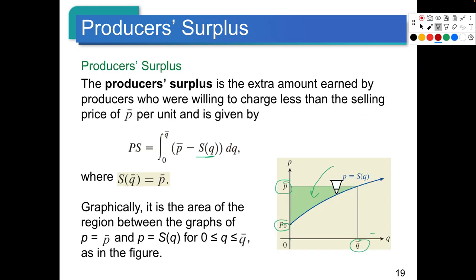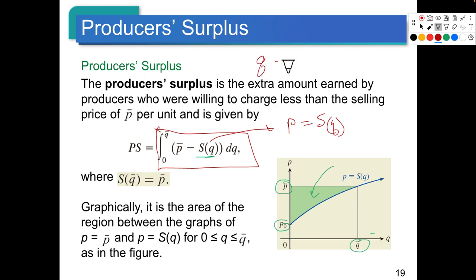Just look at this. This is a function where P equals S of Q. Q is the input, P is the output, is the way I remember it. So if they give me a function where Q equals something like 3 times P, I need to solve it so that P equals Q divided by 3.